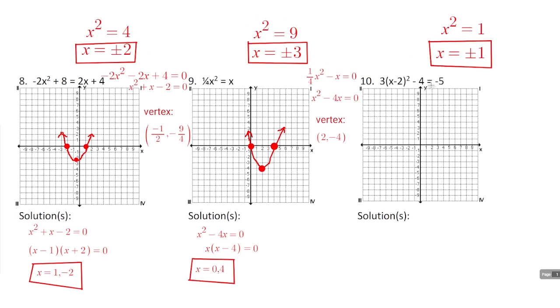Number 10. Let's get this in standard form here. It's going to take a couple steps, but we'll get there. First, I will square the x minus 2, and that'll give me x squared minus 4x plus 4.